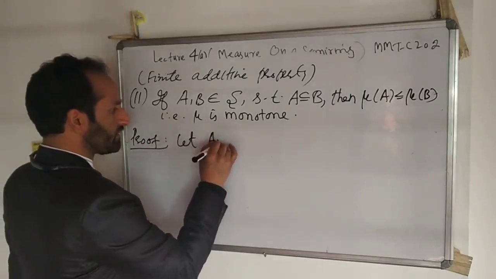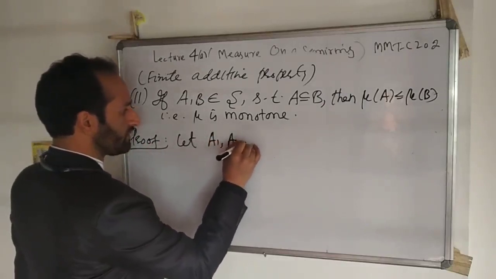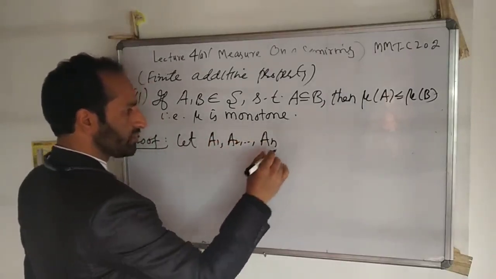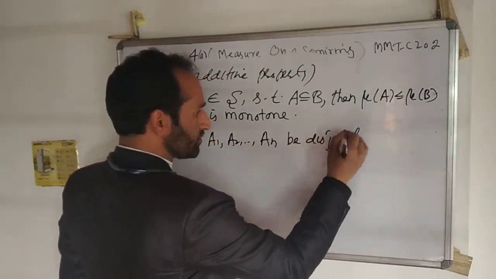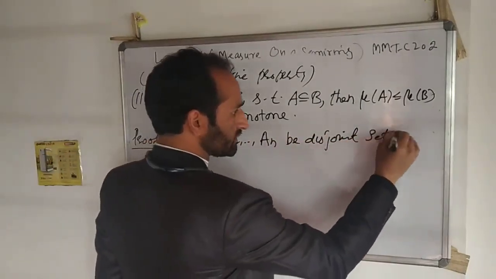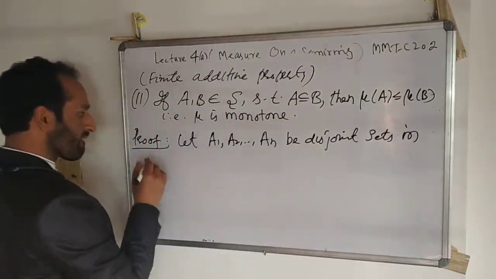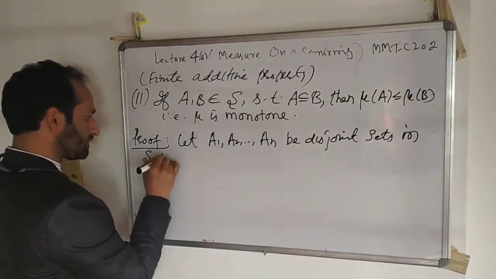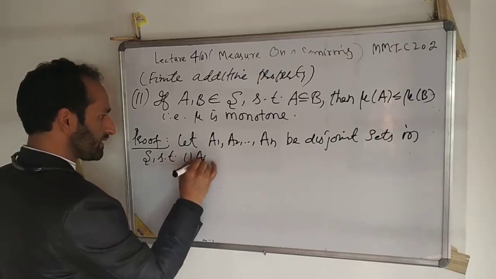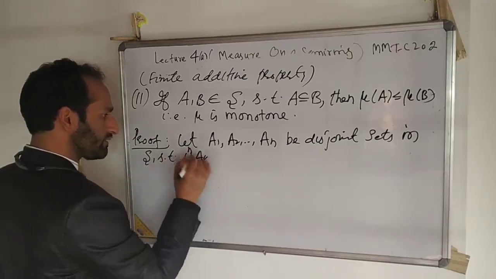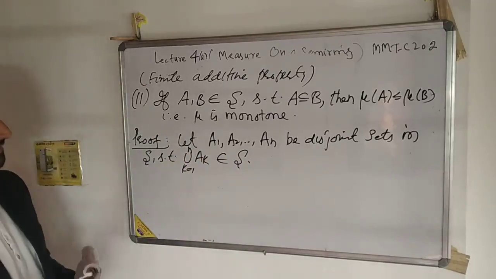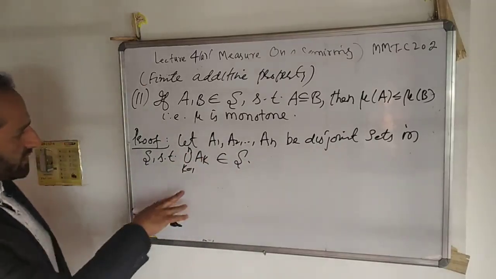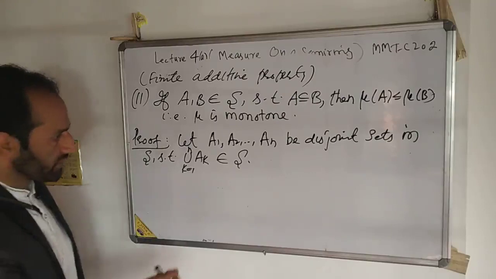Let A1, A2, and so on, An be disjoint sets in S such that the union of A_k, k runs from 1 to n, belongs to S. Now we can replace this finite union by a countable union.